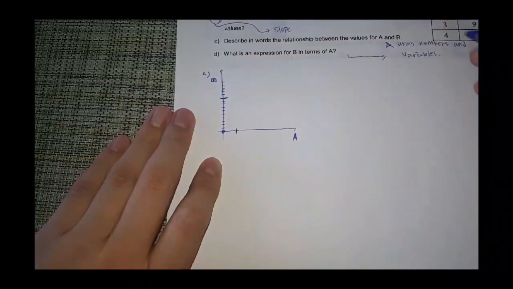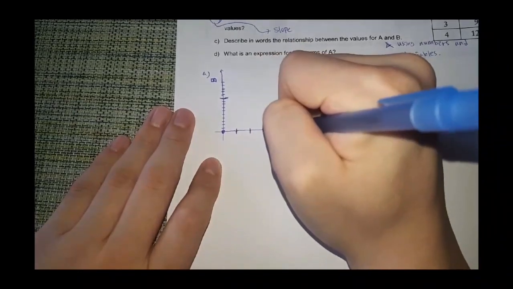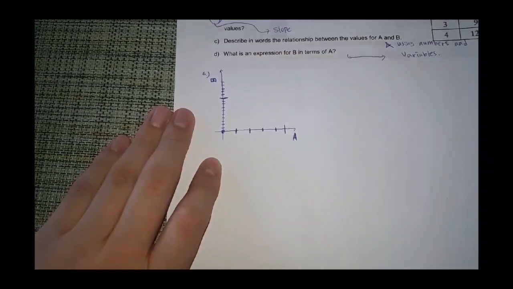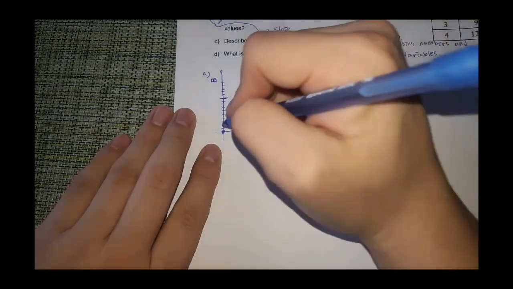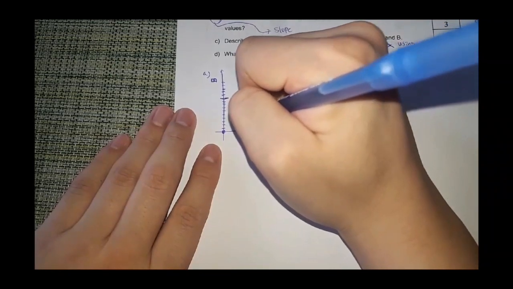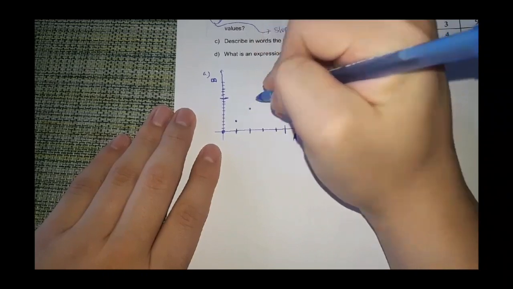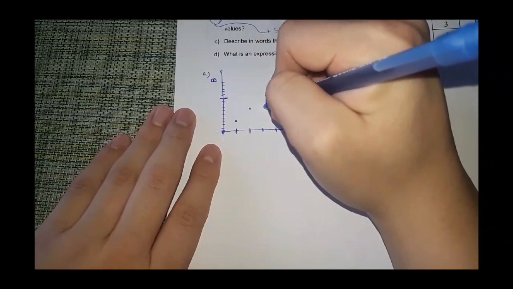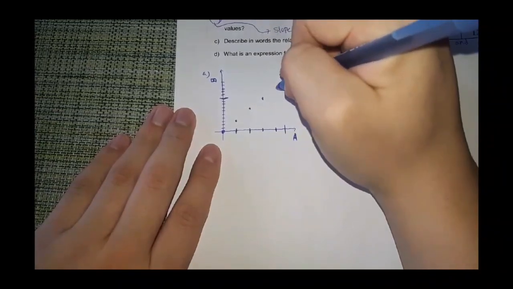When it comes to X, you have 1, 2, 3, 4. So 1, 2, 3, 4, 5. Something like that so that you have enough space. The first coordinate was 0 and 0, so that was the origin. 1 and 3. 2 and 6. 3 and 9. 4 and 12.